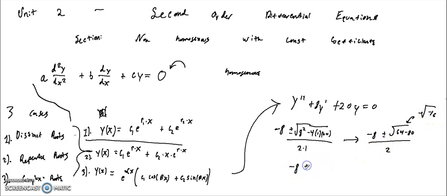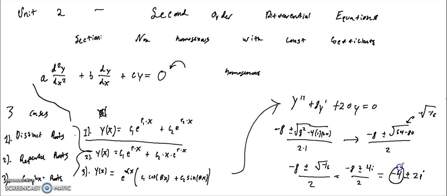So negative 8 plus or minus the square root of negative 16 over 2 equals negative 8 plus or minus 4i over 2 equals negative 4 plus or minus 2i.